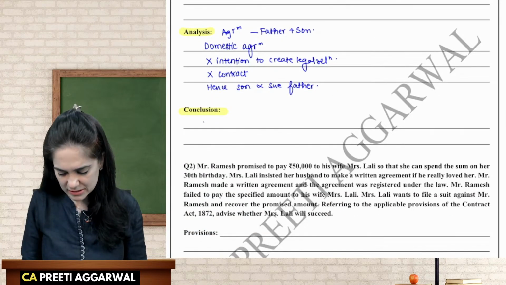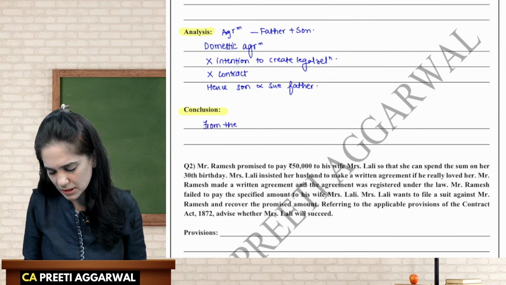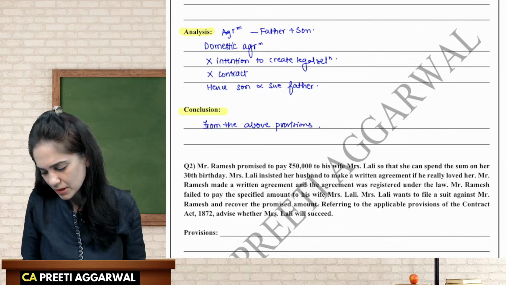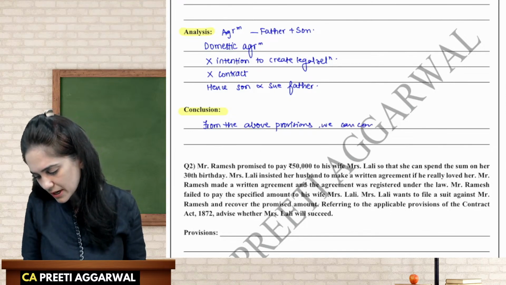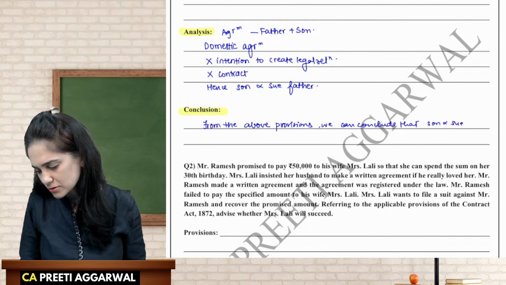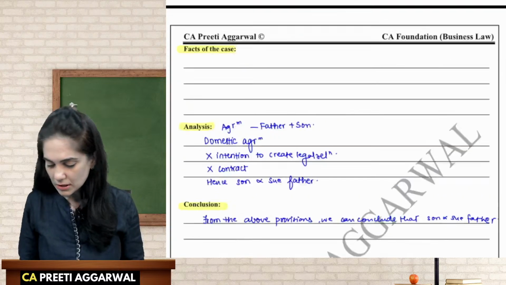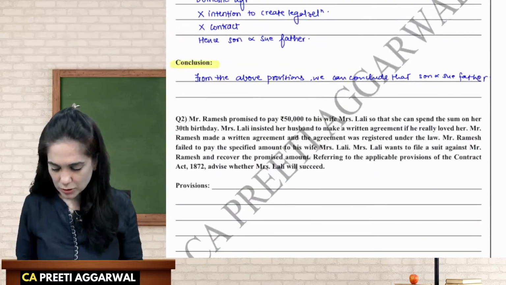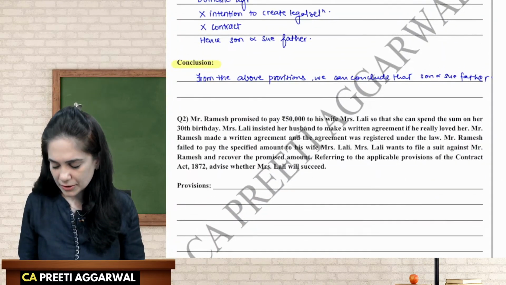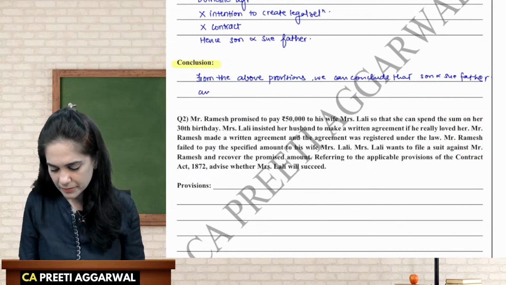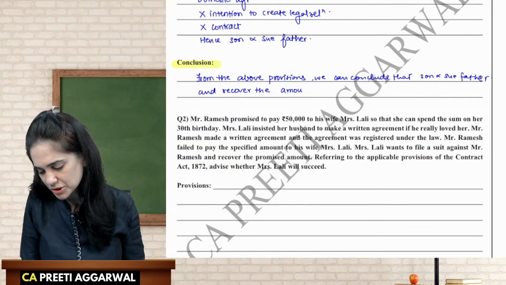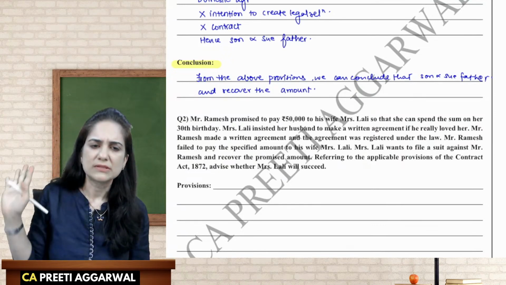From the above facts, okay, from the above provisions also you can write, from the above provisions, we can conclude that son cannot sue father. What have they asked? Can the son recover the amount? You can also write, we can conclude that son cannot sue the father and recover the amount. See, that was asked in the question. Just 1 or 2 lines, that is sufficient.